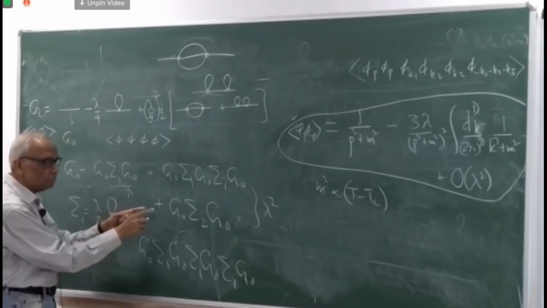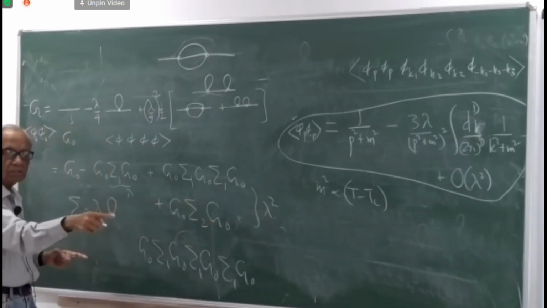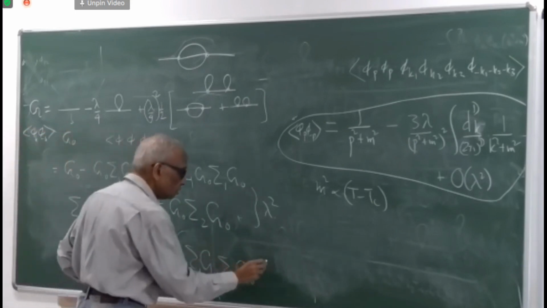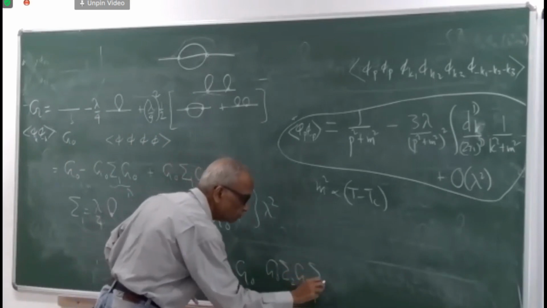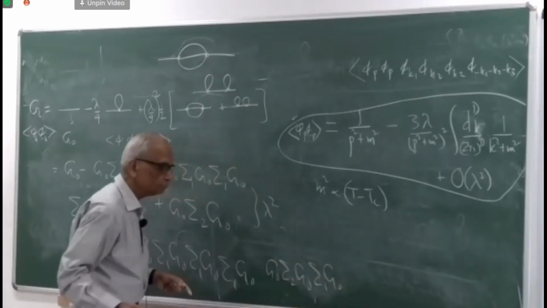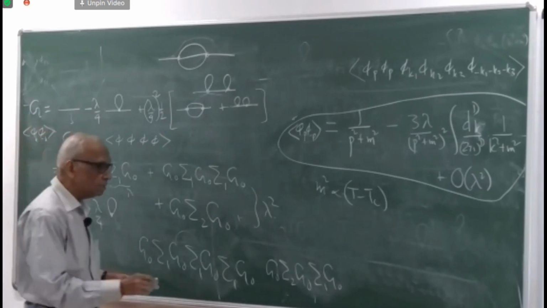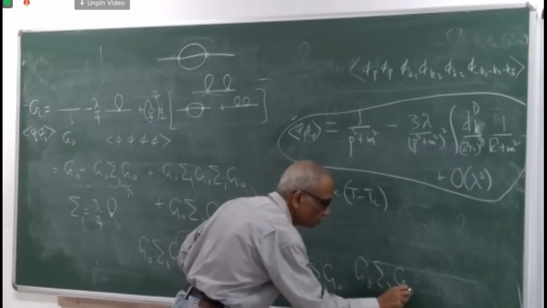Then there will be a disconnected one, which is this with 1 sigma 1. At the next order, there will be G0 sigma 2, G0 sigma 1, G0. And then there will be G0 sigma 3 G0.